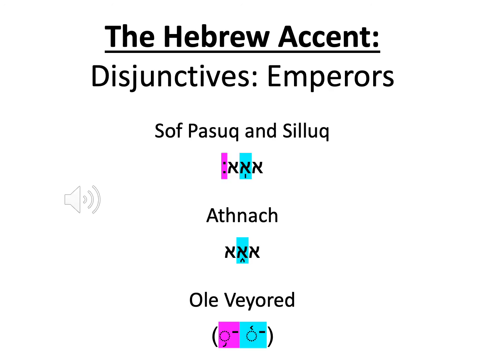Obviously, the most powerful disjunctive accent is the sof pasuk and the siluk, which comes in the last word at the end of the verse. In many cases, this is the end of the thought. However, in some cases, it is the end of the verse, but it is not the end of the thought, so that you actually have a sof pasuk and a siluk in a word that is not the actual end of the sentence.